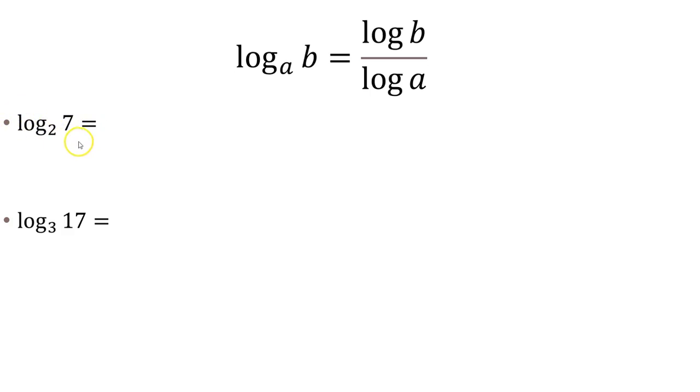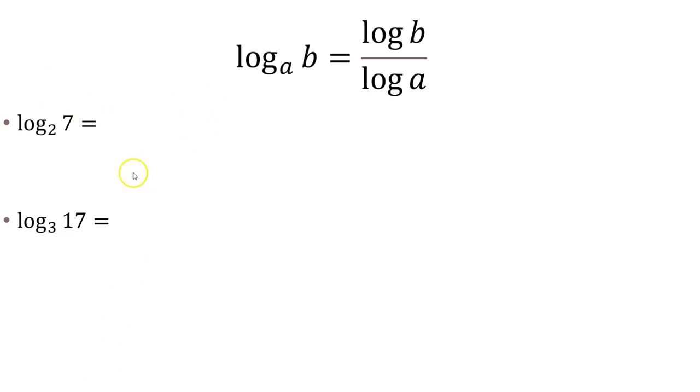Well, that's a question that says, to what power must I raise 2 to make it equal 7? Well, I know that 2 to the second power is 4, and I know that 2 to the third power is 8. So I intuitively know that my answer lies somewhere between 2 and 3, but I'm not really sure. But I can put it in my calculator as long as I use the change of base formula.